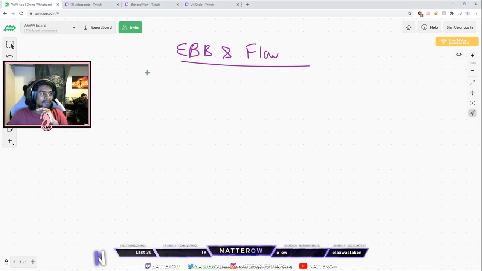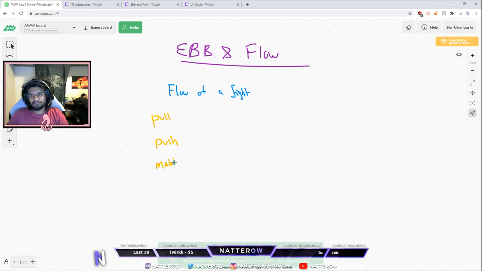So when you think of ebb and flow, right, it's sort of like the flow of a fight. Okay, when you think of that in more detail, you look at what a pull is, what a push is, and what I'd also call matching, which is sort of specific. So pulling is like you are kiting the enemy's push.